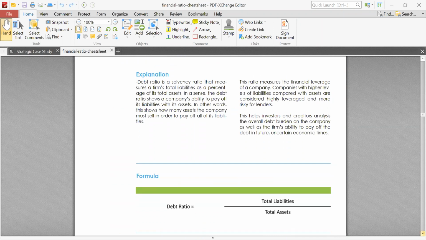Now let's move on to debt ratio. If the equity ratio is equity over assets, debt ratio will be what? Debt over assets. We want to know the proportion of our assets that is financed by debt. It's also a solvency ratio. So like I said, we are trying to measure the financial leverage of a company.